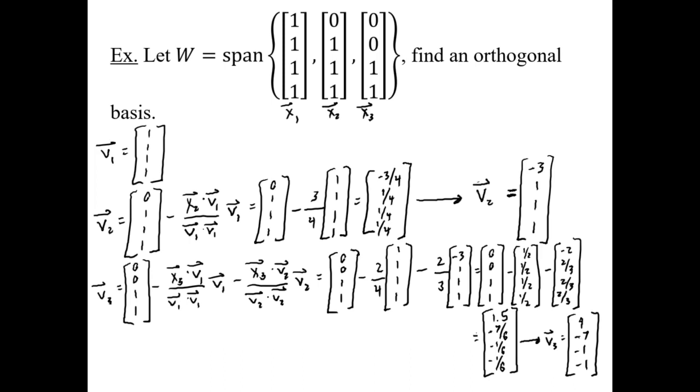And v1.v1 is 4. Okay, so I think that one's correct. And then x3.v2 is 0 plus 0 plus 1 plus 1, which is 2.